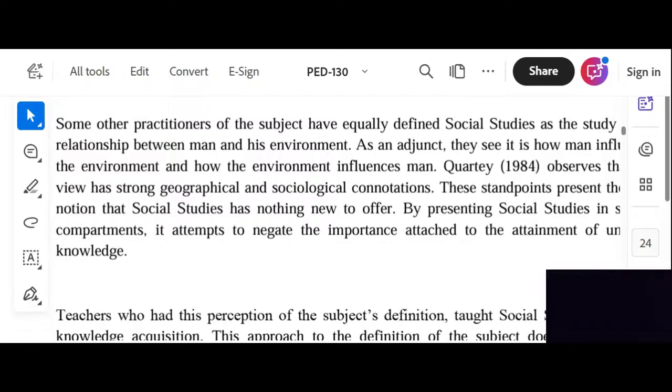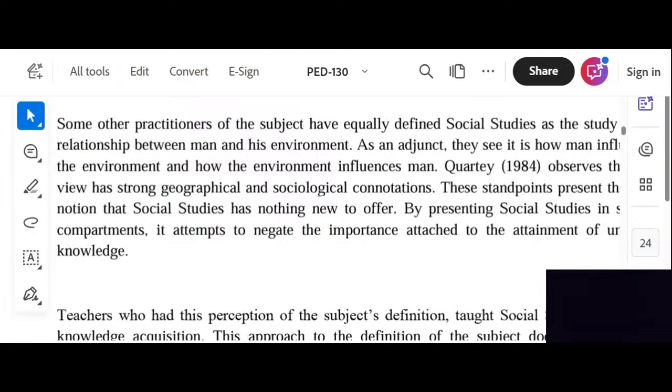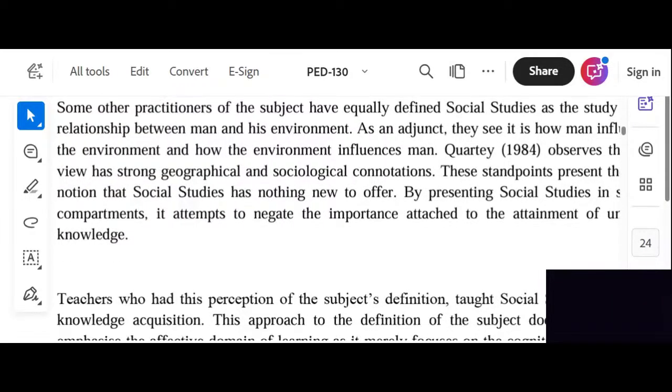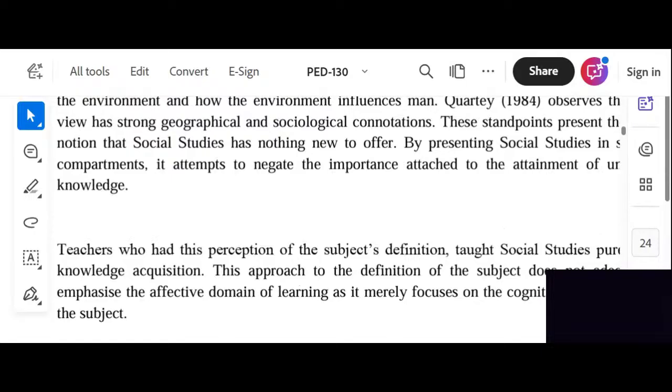By presenting social studies in this compartment, it attempts to negate the importance attached to the attainment of unity of knowledge, which is one of the concerns of social study, the unity of knowledge. Whereas if we define it as the study of man and his environment, that brings us to a knowledge that is only concerned about geography. So social study would have been only a subject of geography. That is what they are trying to say. That's another misconception. That is the second one.